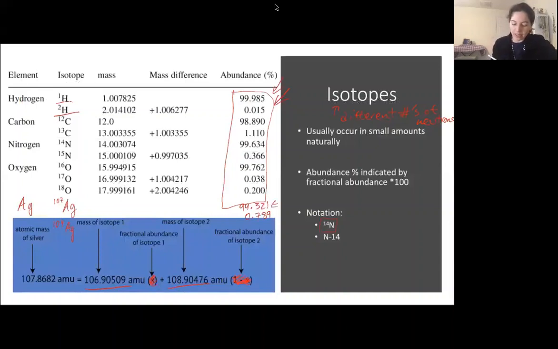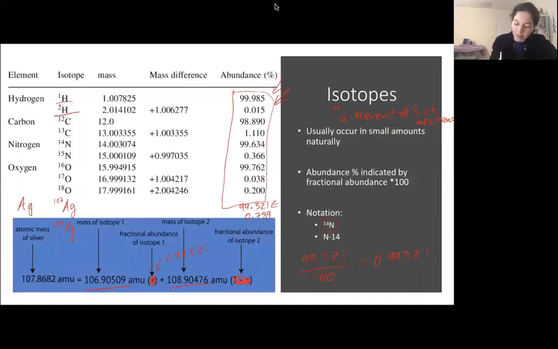So if I were to calculate these masses, I take this abundance, convert it into a fraction. So 99.321 divided by 100 is going to give me 0.99321. So that's the number that I put in here for our fraction, 0.99321.